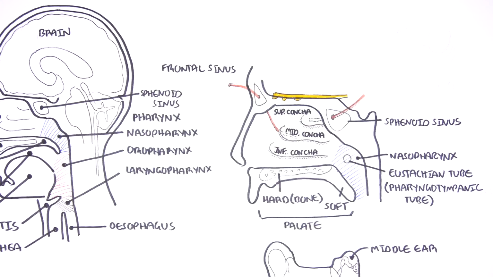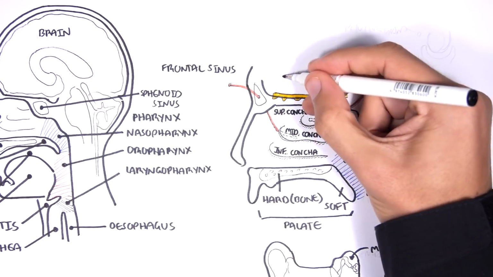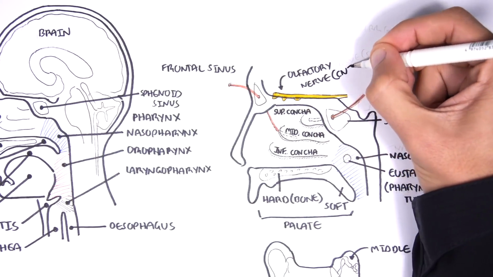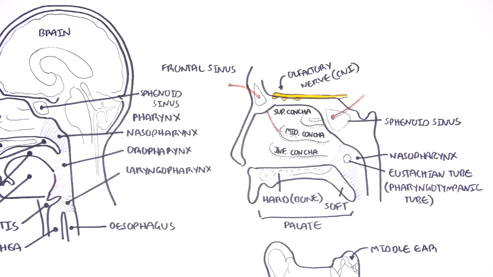The olfactory segment is lined with a specialized cell type of pseudostratified columnar epithelium, and these cells contain receptors for the sense of smell. This segment is located in and beneath the mucosa of the roof of each nasal cavity. These receptors will make up the olfactory nerve, which is cranial nerve number 1, and this will be carried back into the brain where smell is perceived.